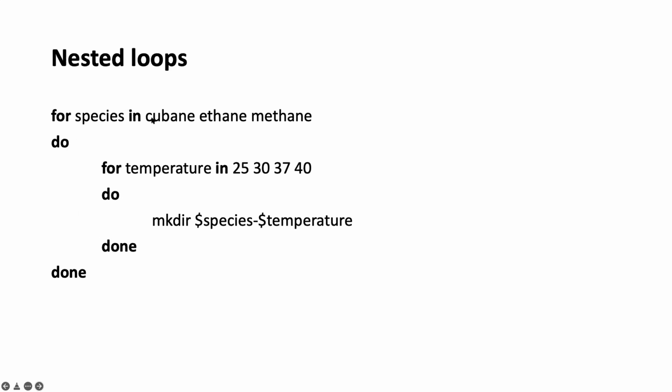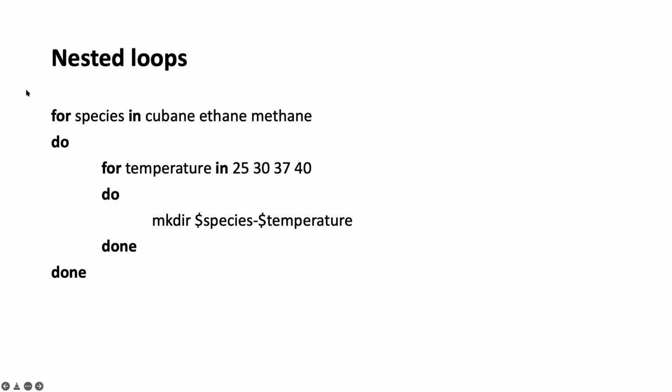And then if you pick the first name, it does the second part of the nested loop: 30 Cuban, 37 Cuban, Cuban 40, which is just the directory name, right?